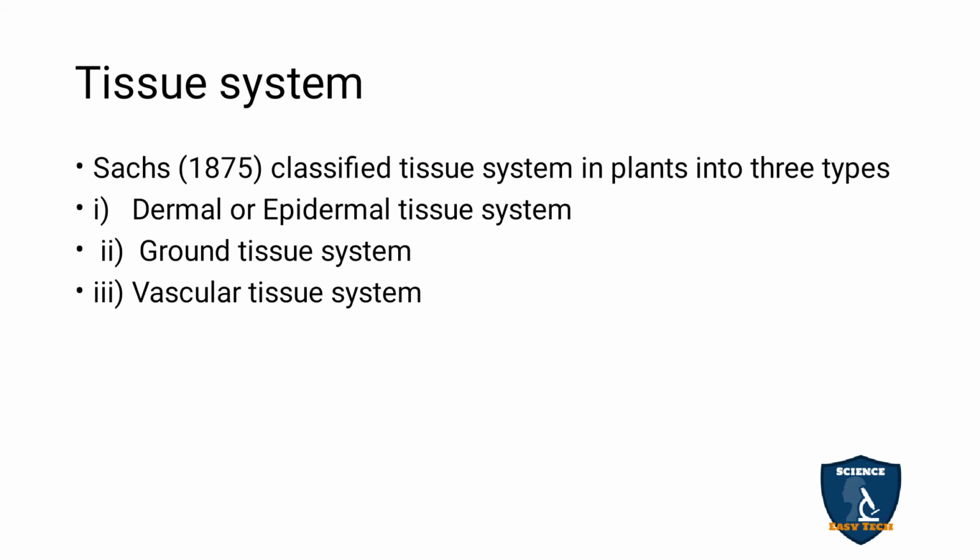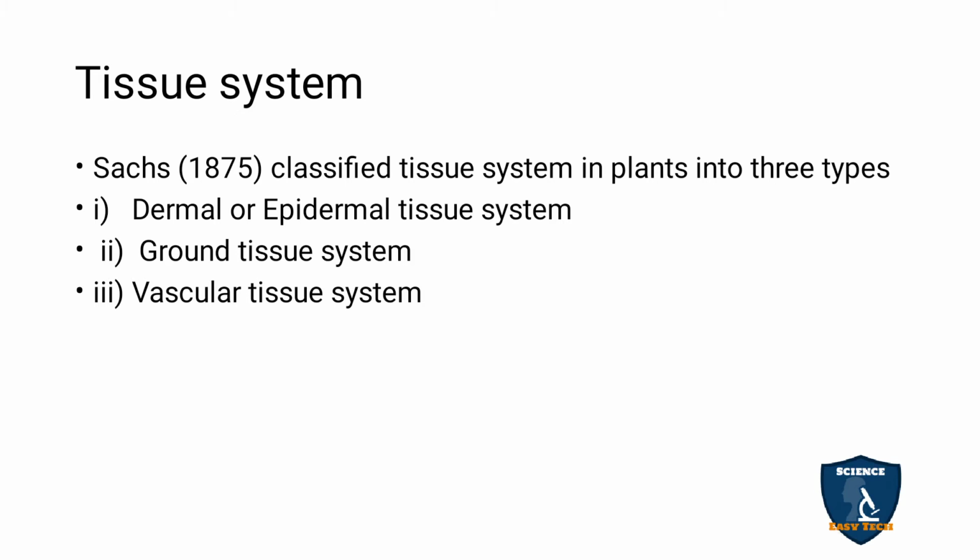Tissue system. Sachs in 1875 classified the plant tissues into three systems: dermal or epidermal tissue system, ground tissue system, and vascular tissue system. The dermal tissue system consists of epidermis, stomata, cuticle and epidermal hair.